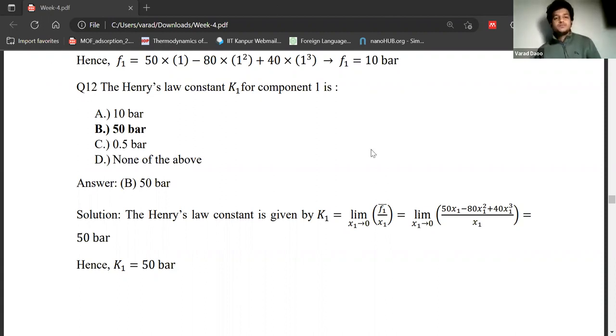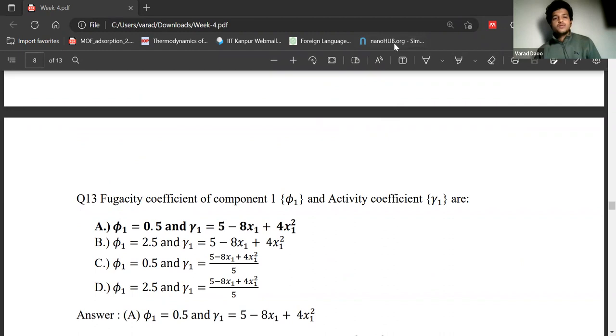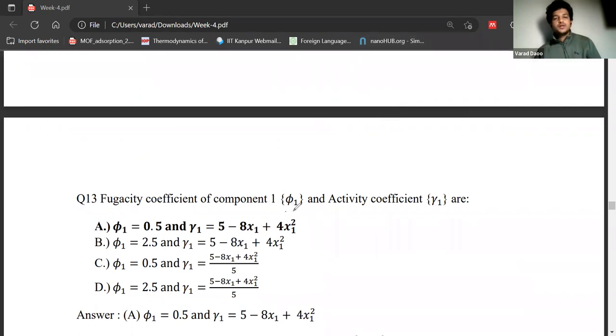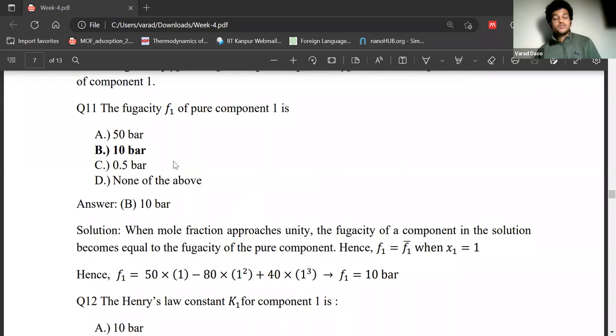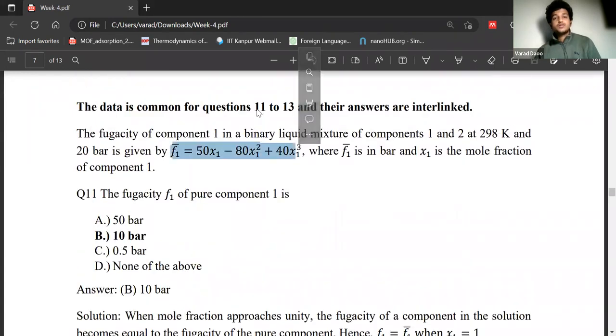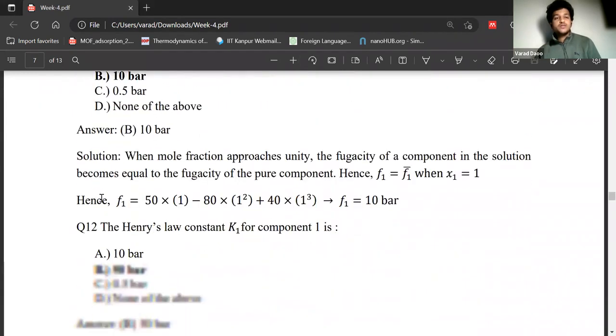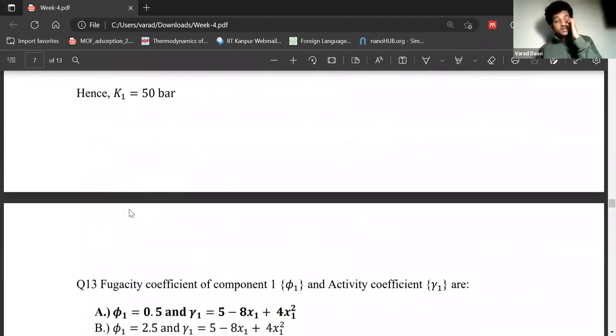So what we have is the fugacity coefficient of component 1, that is phi 1, and the activity coefficient gamma 1. This is a continuation of the previous question. This is the expression for F1 bar, and it covers questions 11 to 13. We have solved 11, 12, and 13.